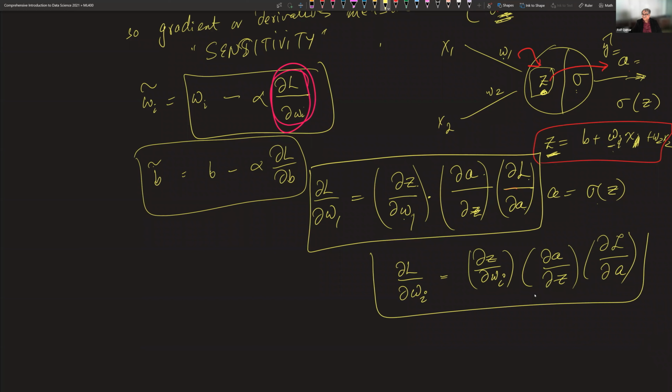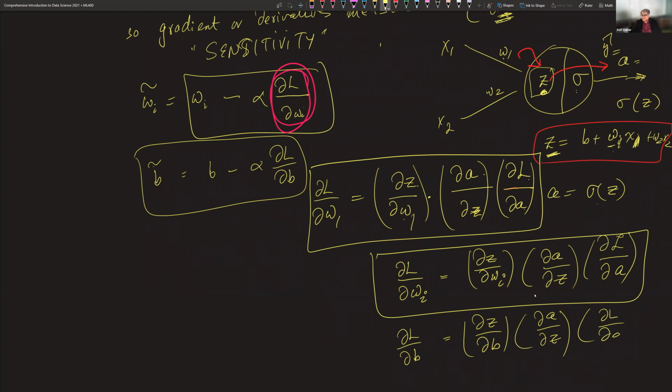And this is a more general result, right? Likewise, you could have said the same thing with respect to B: dL/dB is equal to dZ/dB times dA/dZ times dL/dA. So this is called the chain rule.